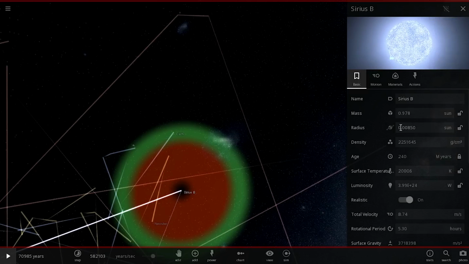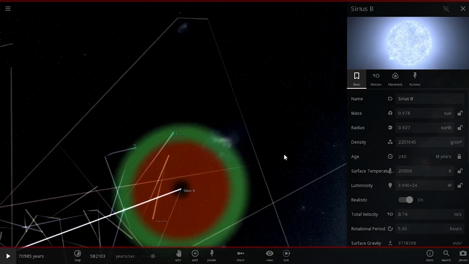Look at that radius, because if it was the exact same radius as our Sun, that would be 1, but no, it's 0.00850. So its radius is actually quite small. Let's compare that to Earth. Its radius isn't even that of Earth's. Now, for a star, that is really small.